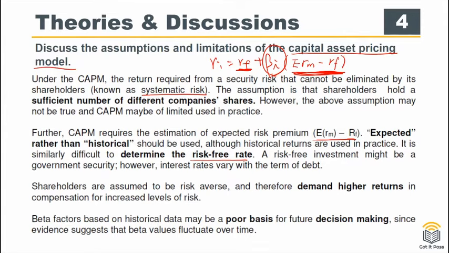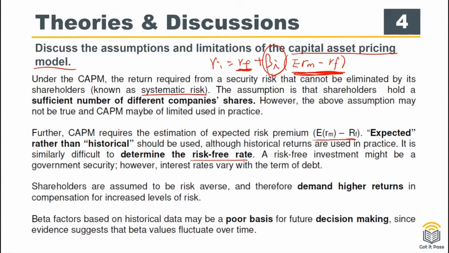But different debt instruments have different risk exposure, so it just assumes the same as the government view. Okay, this assumption is not very realistic. And also shareholders are assumed to be risk averse and therefore demand higher returns in compensation for increased levels of risk.